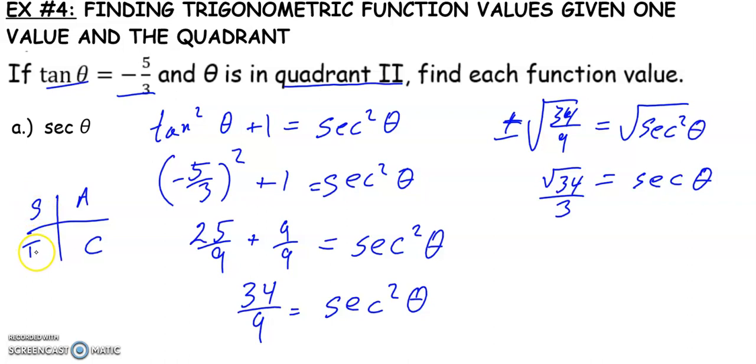Tangent is in quadrant 3 with cotangent, and cosine and secant are positive in quadrant 4. Well, we're in quadrant 2. Only sine and cosecant are positive in quadrant 2. That means we want the negative value for secant, because secant is negative in quadrant number 2, because only sine and cosecant are positive.